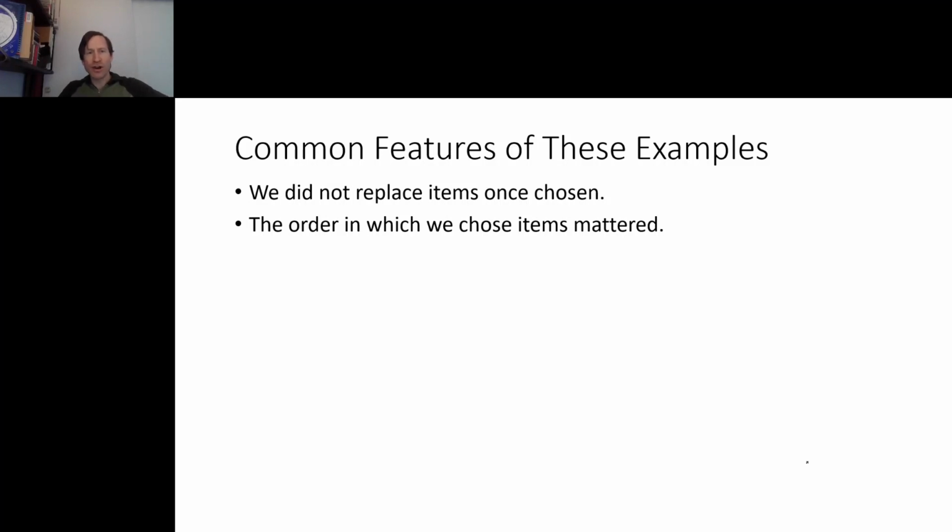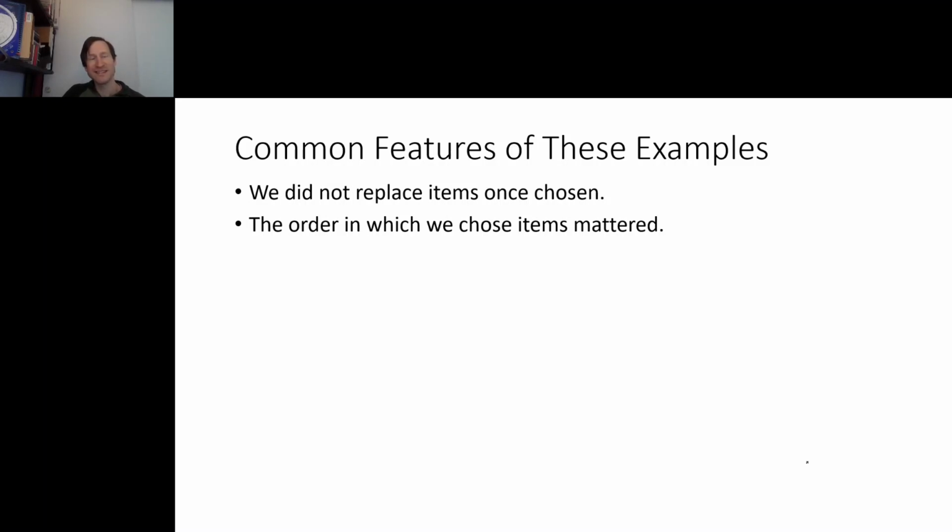And also the order in which we made our choices matters. We chose the president first, and the secretary second, and then the treasurer. If we chose the same people but in a different order, a different person would be the president. So the order that we chose things in made a difference.